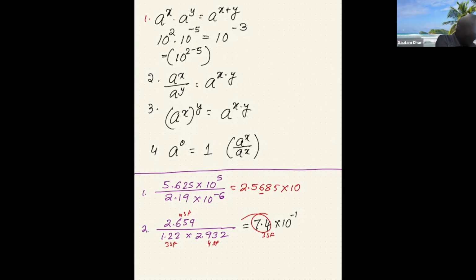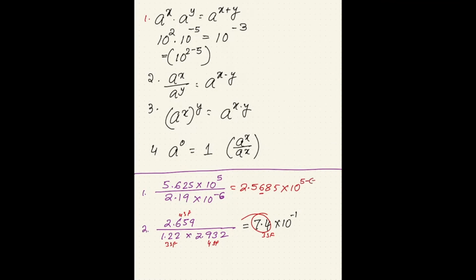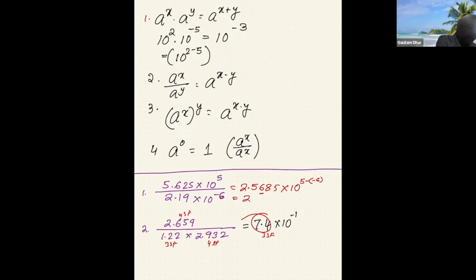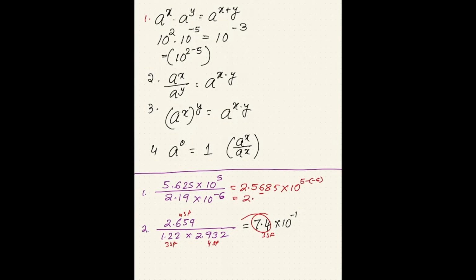When I divide, there's a minus, and minus of what? Minus of -6. So it's going to be 10 to the power of 1, minus of -6, oh, plus. So it's 10 to the power 11. Right?